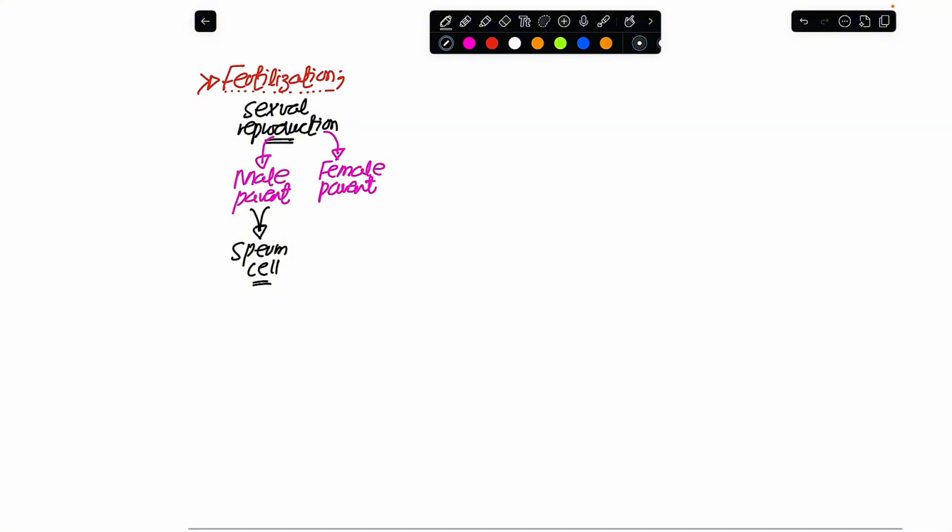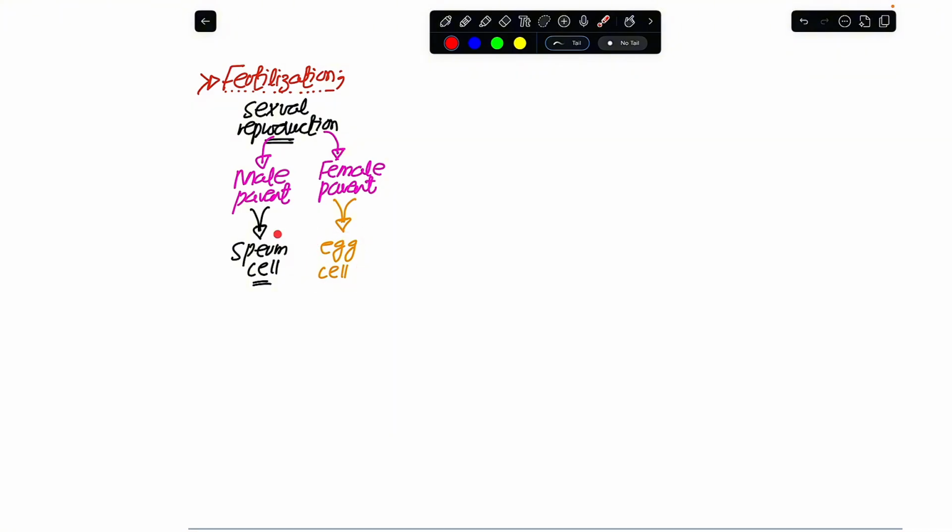On the other hand, in her ovaries, the female parent produces another gamete, which is the egg cell. One set of chromosomes lies in the sperm cell, and the other set lies within the egg cell.